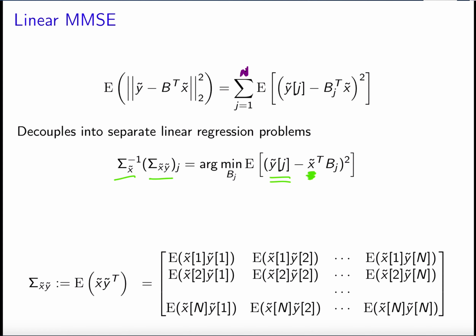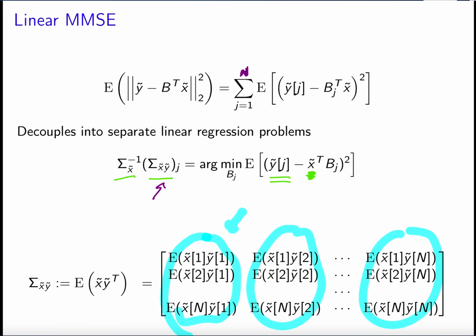Okay, so if we put all of this covariance between the features and the entries of y in a matrix, that matrix is called the cross covariance matrix. So here the first column has the covariance between the entries of x and the first entry of y. The second column has the covariance between the entries of x and the second entry of y, and so on and so forth.